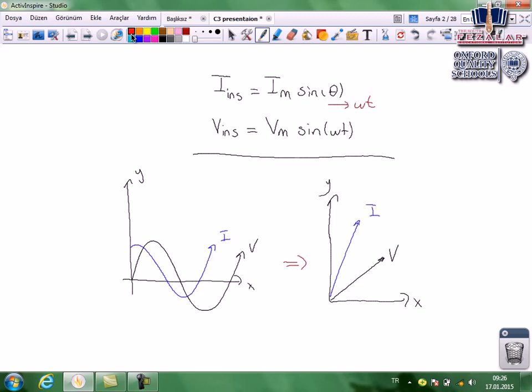For example, for voltage, this angle is theta, and it is called phase angle. This angle represents the angle between the vector and the x-axis. But the angle between two vectors is represented by phi, and it is called phase difference angle.